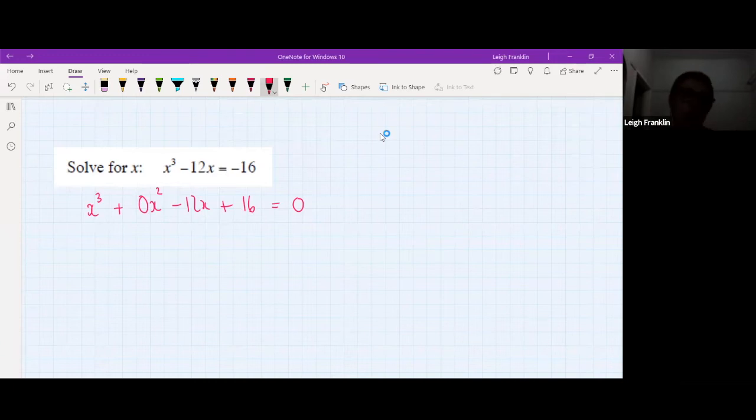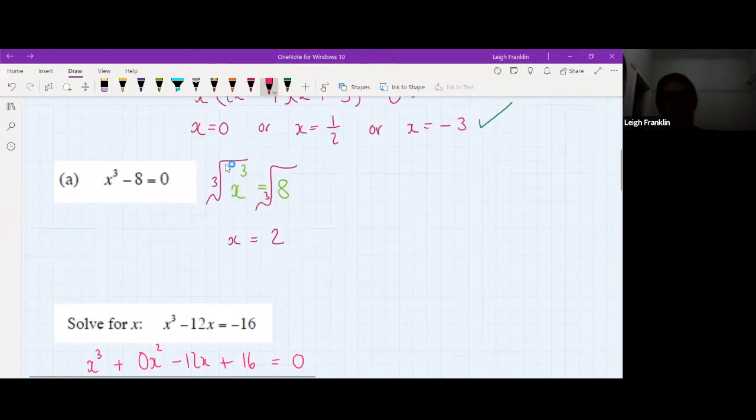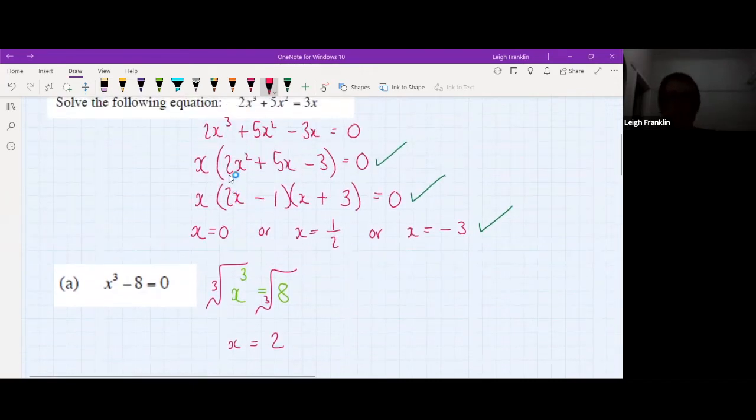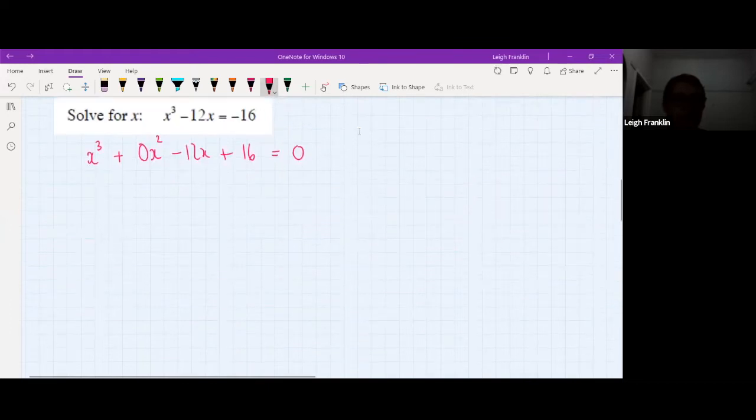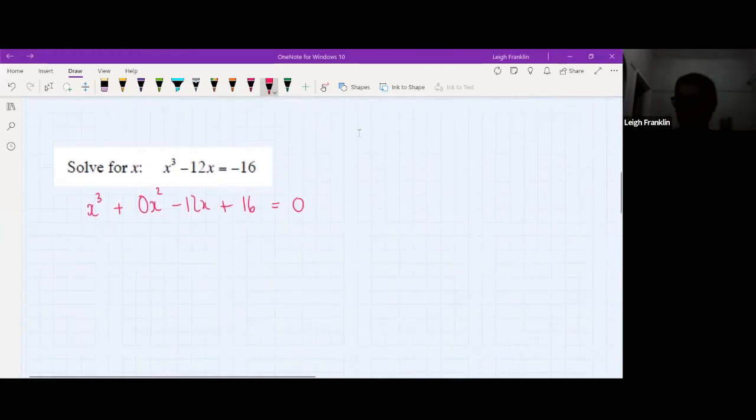We don't know what a linear factor of this expression is. Here we didn't need to know a linear factor because we could take the 8 over to the other side and cube root both sides. Here we didn't need to know a linear factor because we could take out an x. So here is the first situation where we do not know what the linear factor of this equation is, and that's why we've got to pick up our calculators.